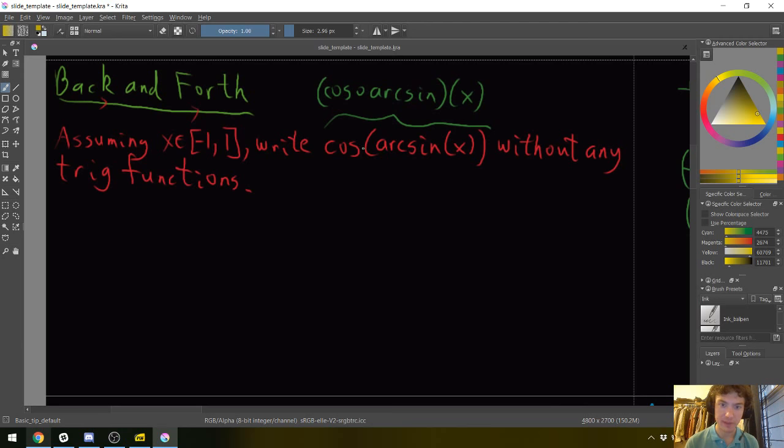Maybe one way to think about it, do you remember any identities? If we could write this cosine in terms of sines instead, then it would be easier to simplify because we know how sine and sine inverse interact. So do you remember any identity that lets us trade a cosine for a sine?